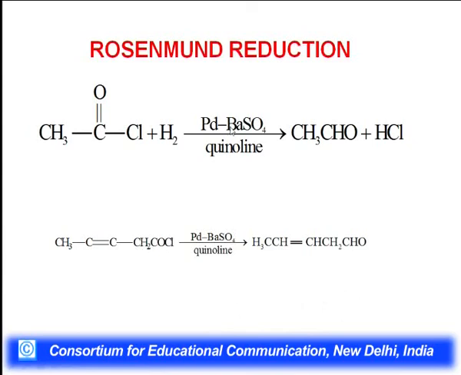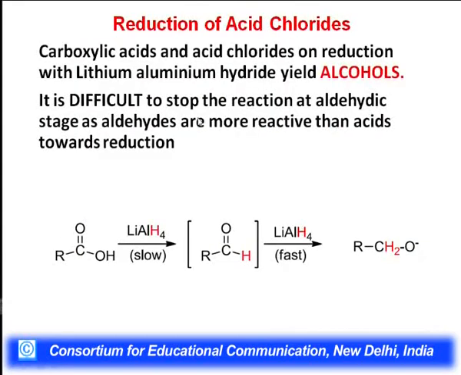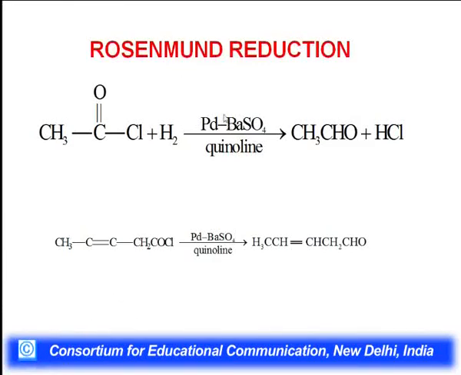BaSO4 has poisoned palladium, so all the sites are not available, and we know acetyl chloride is more reactive towards palladium. It will adsorb, whereas acetaldehyde being less reactive, there is less surface area available on palladium, and it will not be able to bind there. Hence, acetaldehyde will not be reduced further to an alcohol.